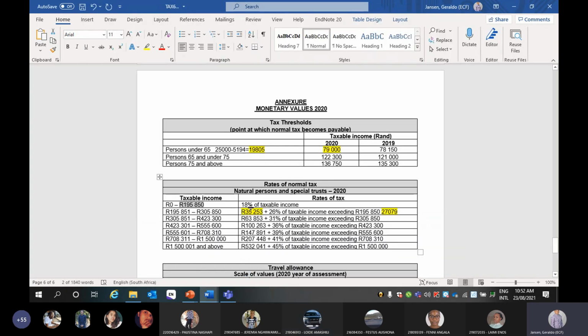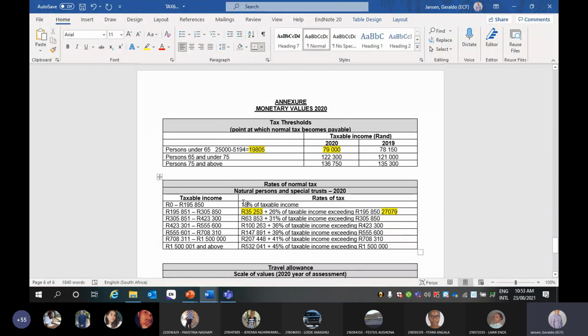That is a fixed amount. Thank you for your question. If you go to all of these taxes here, this is what is set by Parliament. This is what Parliament agrees on every year. They decide to say, listen here, people earning between 0 and 195,850 will pay 18% tax.